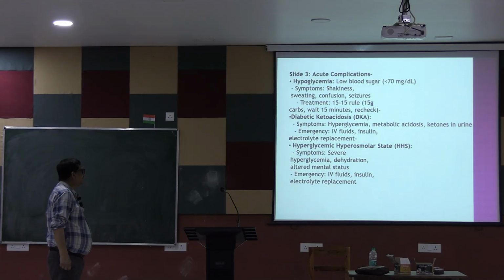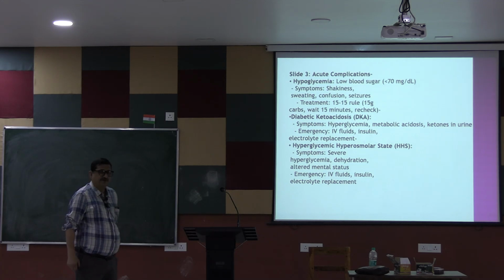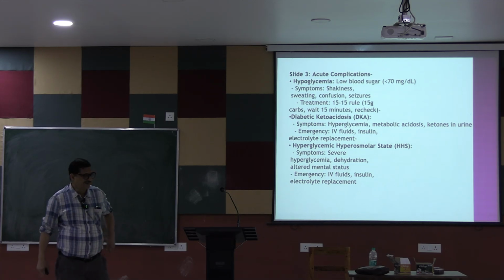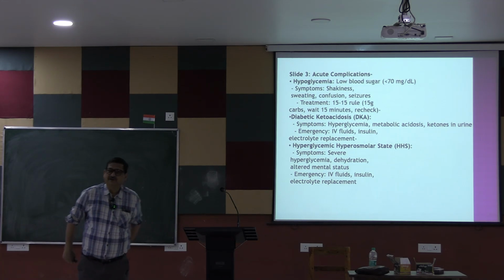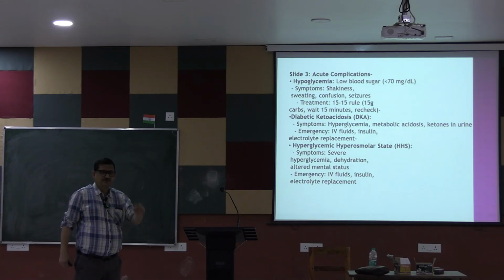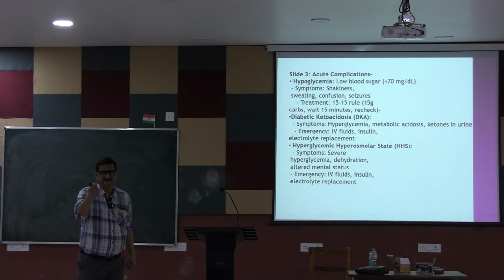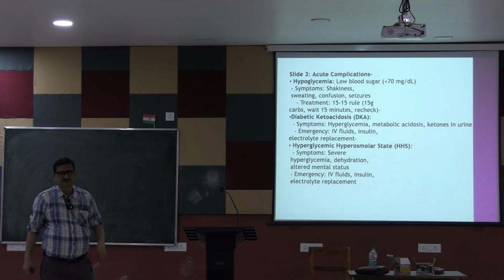Another is hyperglycemic hyperosmolar state. When there is a blood glucose level of more than 600, the blood becomes syrupy and thick, and when this thick blood passes through the narrow intracerebral arteries, they get clogged.